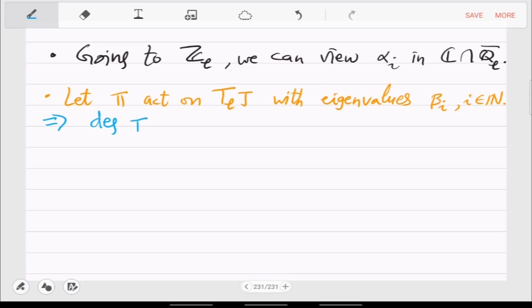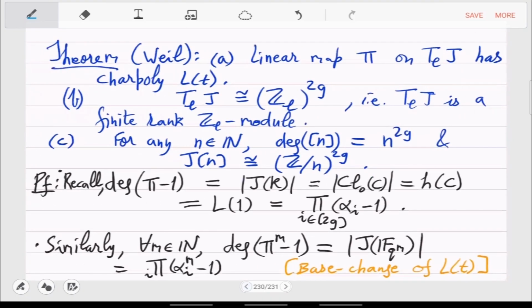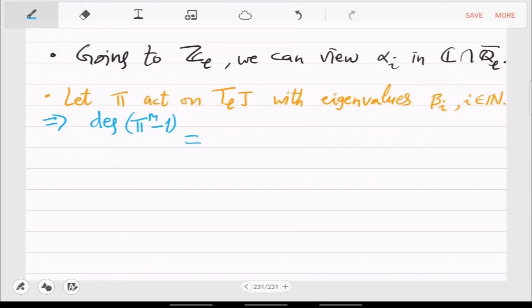what should be the degree of pi^m - 1? Right, because we have a formula for pi^m - 1 that we have written before in terms of alpha_i's. Let's now look at the meaning of degree of pi^m - 1 acting on T_L J. So this is equal to T_L J mod... do you agree?